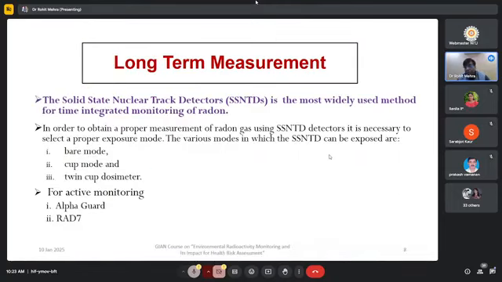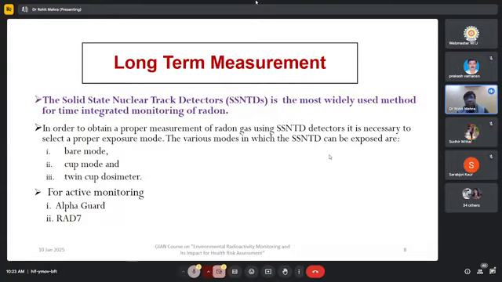Now, for long-term measurements, nowadays we are doing them with very indigenously developed detectors, which we call pinhole cup dosimeters. But previously, within the solid-state nuclear track detector techniques, we were using some detectors in the bare mode.